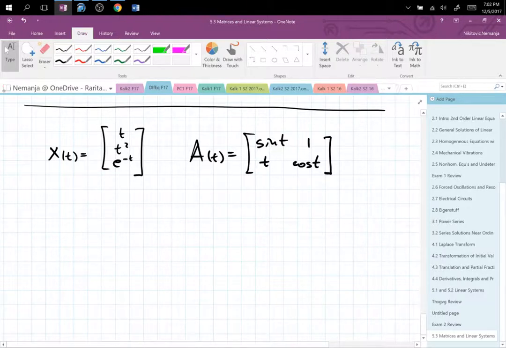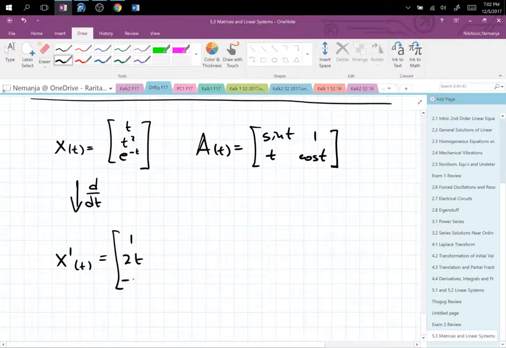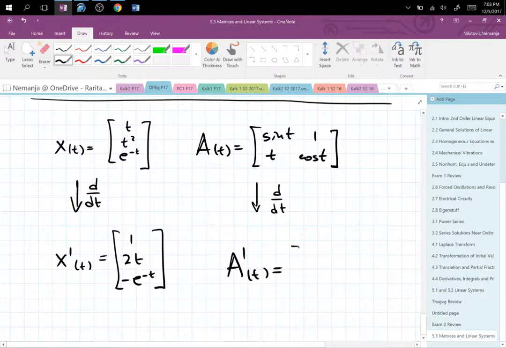This is just introducing that if you take the derivative with respect to t, you will get x prime of t, which is just the derivative of each component: 1, 2t, minus t to the negative t. And if you take the derivative of matrix A, d/dt, you will have A prime of t to be cosine t, 0, 1, and negative sine t.